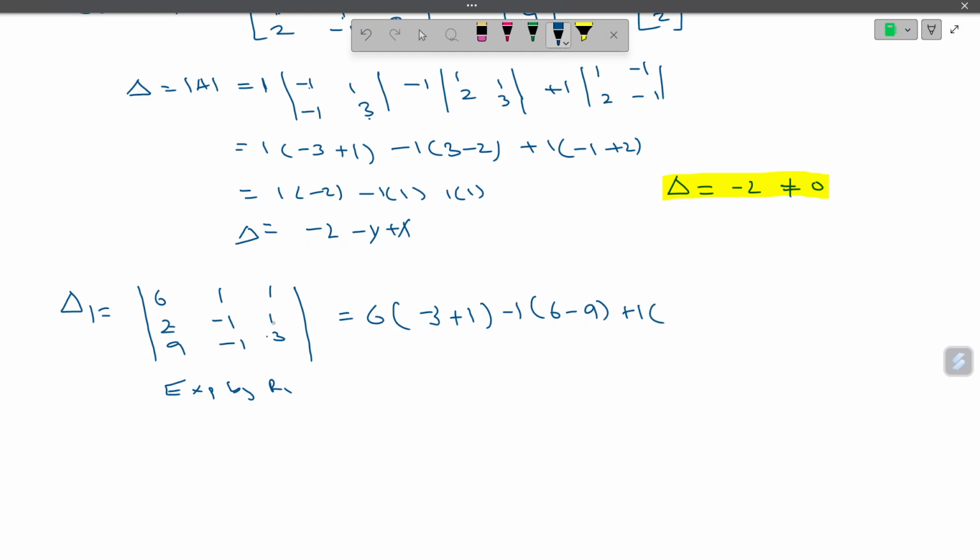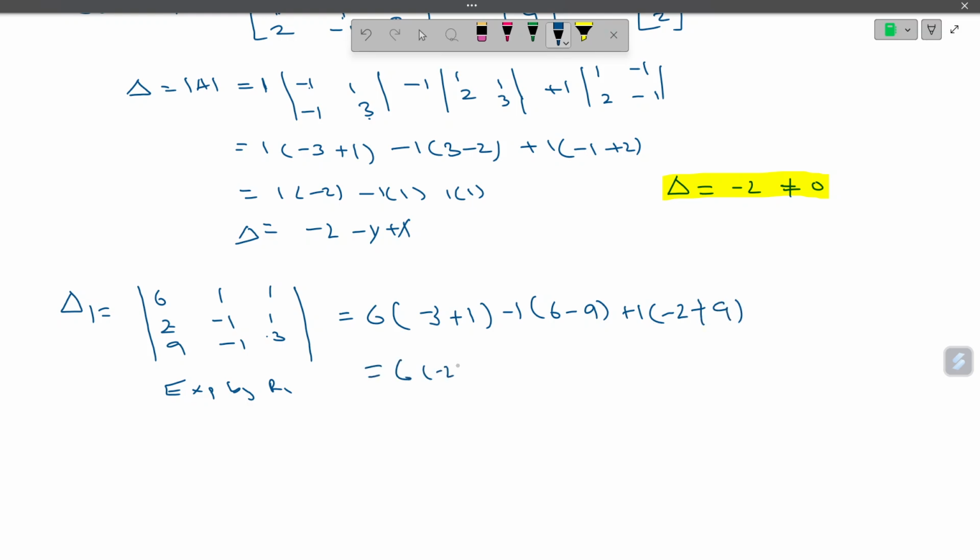So now this column and this row: 2 times minus 1 is minus 2, minus 1 times minus 9 is minus 9, this formula is minus, so it becomes plus.